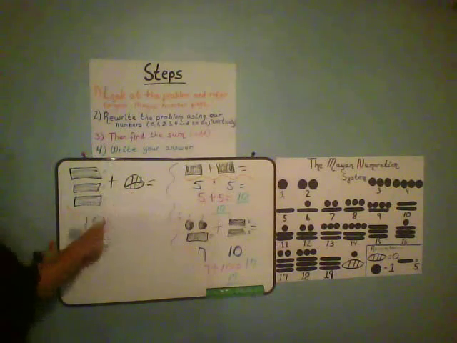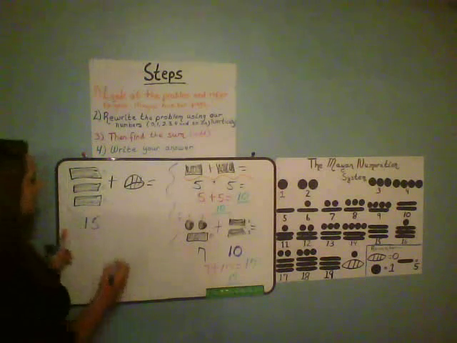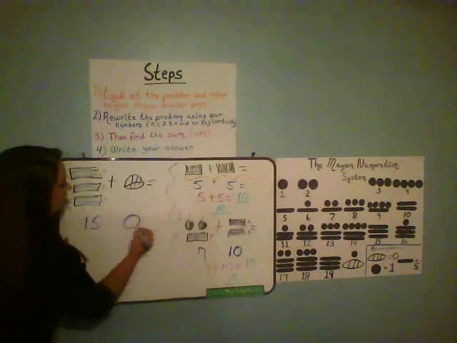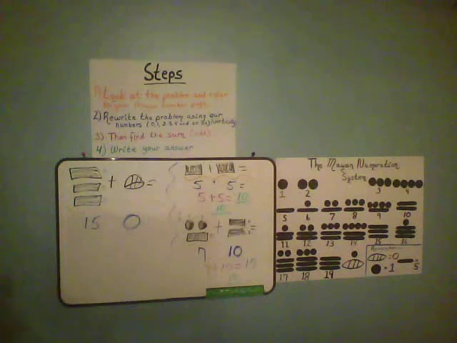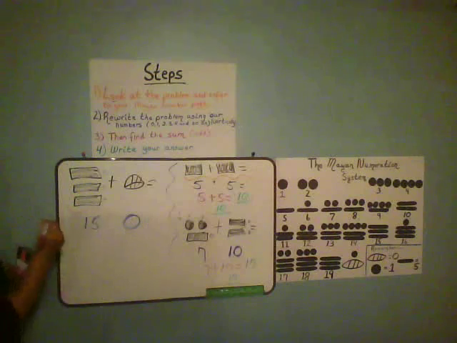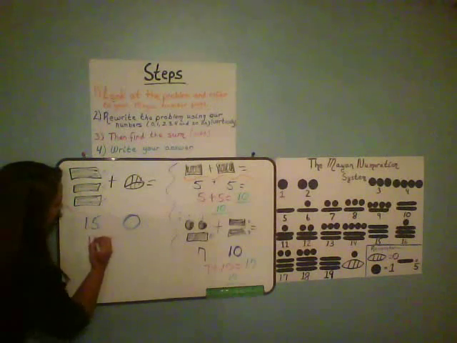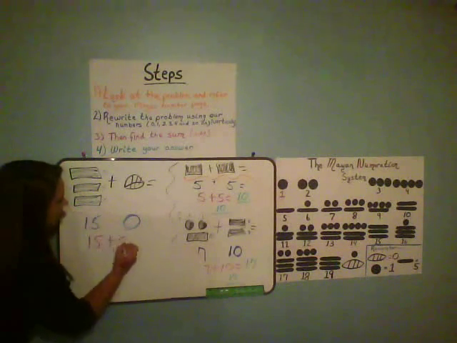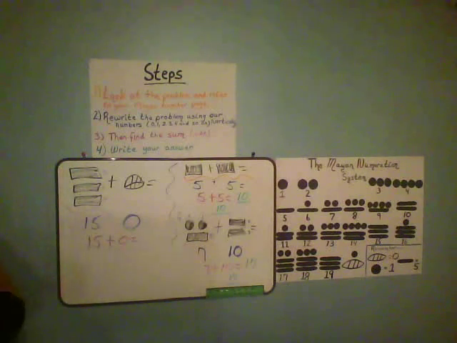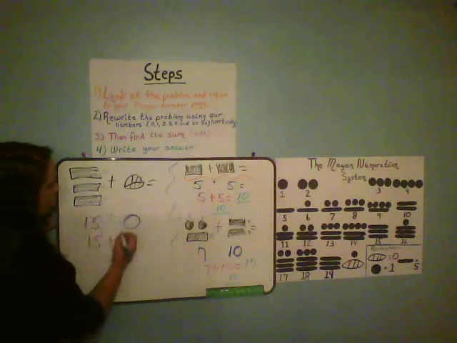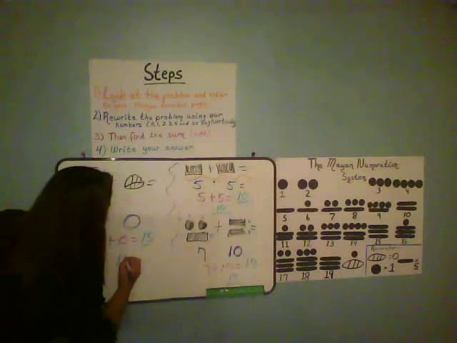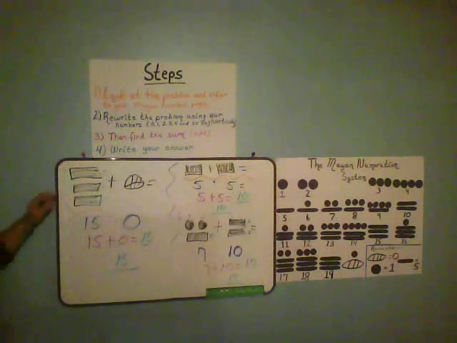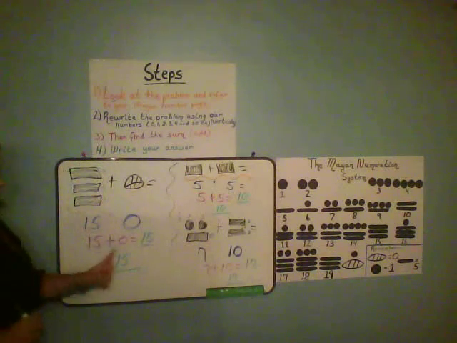And then the shell represents what? Good, 0. Our third step, Marcus, is going to be find the sum. Good. 15 plus 0 equals what, Peter? 15. So our answer is 15. Fourth step, write your answer.